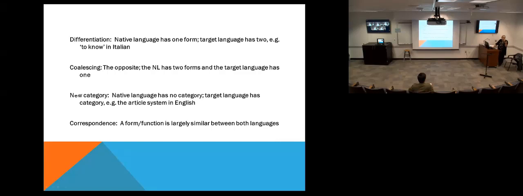But think of something more complicated, like the difference between German and English, right? German has an article system, but there are three articles, right? Der, die, and das. So you have a category, but it operates differently from one language to the other.